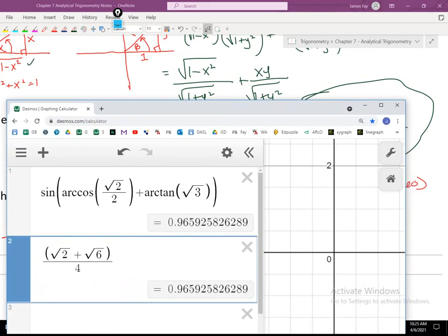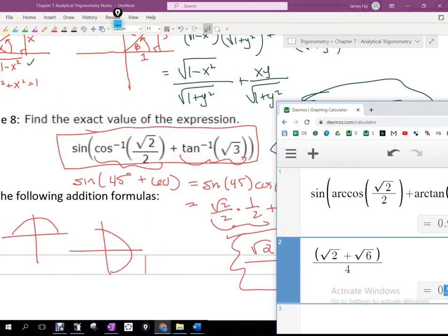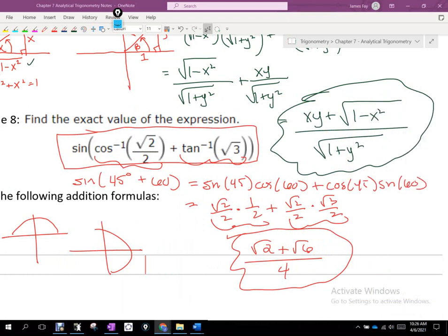If I type in radical 2 plus radical 6 over 4, gives me the same number, right? Okay. And the nice thing about this is that it removes all trig functions, and we're left with just a numerical value. Okay. Is that okay?